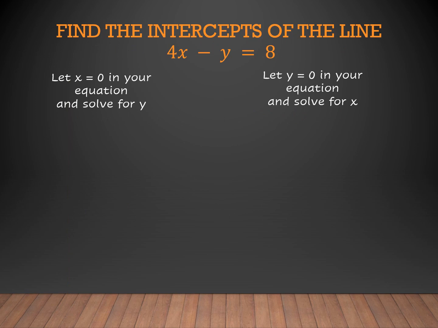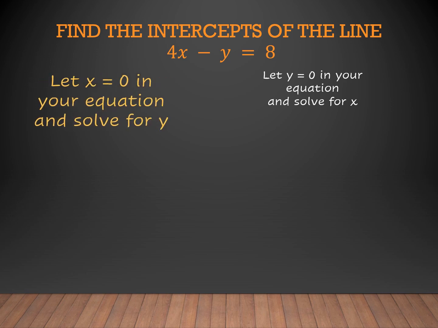Now we have a line whose equation is 4x minus y equals 8, and we need to find the intercepts. We know the x-intercept is the point where my line intersects the x-axis, and the y-intercept is the point where my line intersects the y-axis. If I want to find the y-intercept, let x equal 0 in your equation and solve for y.